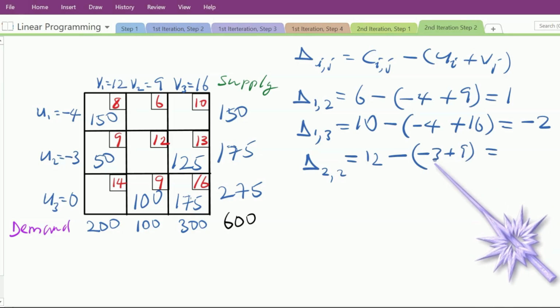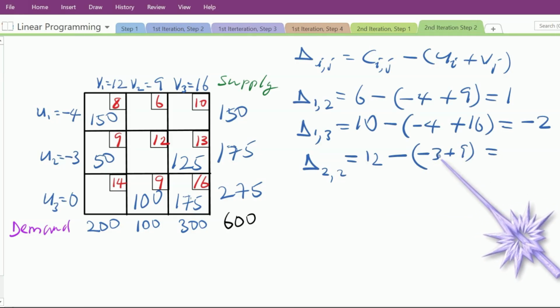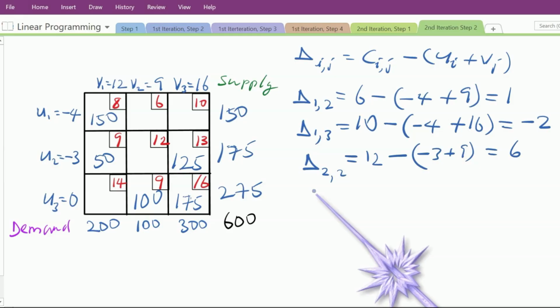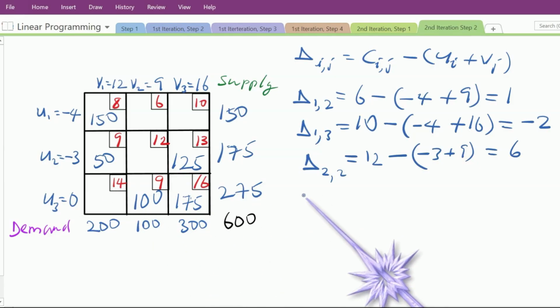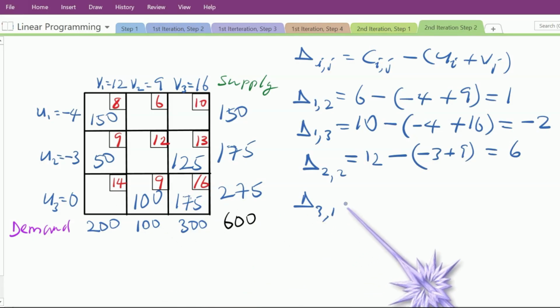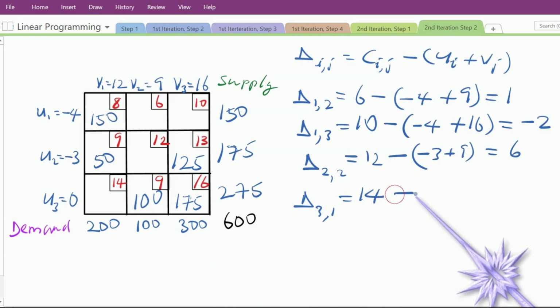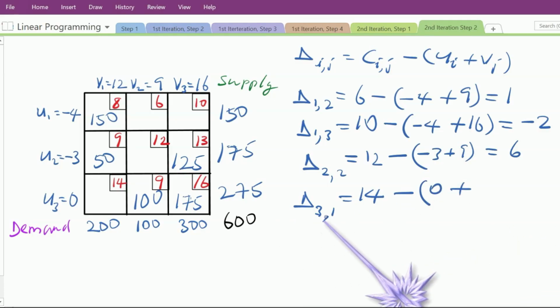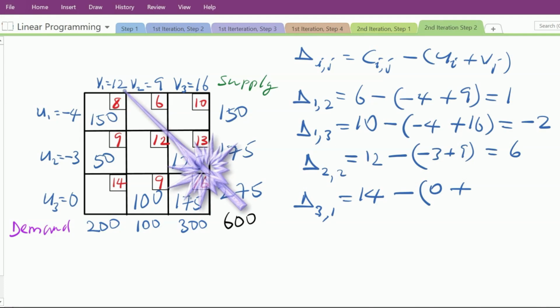From here, 9 minus 3 is going to give us 6. 12 minus 6 is 6. The next one is this, that is delta 3, 1, is equal to 14 minus bracket open U3, which is 0, plus V1, which is 12. That will be equal to 14 minus 12, which is 2.